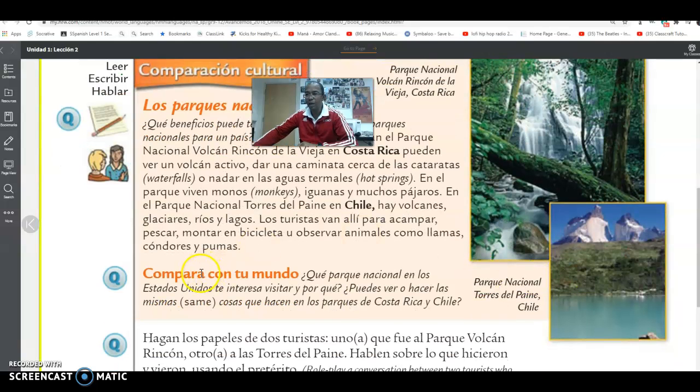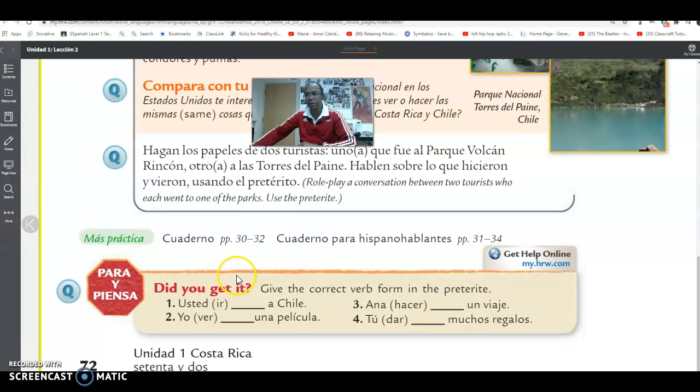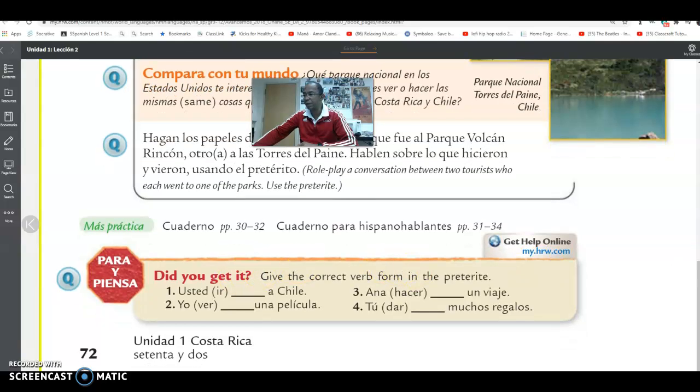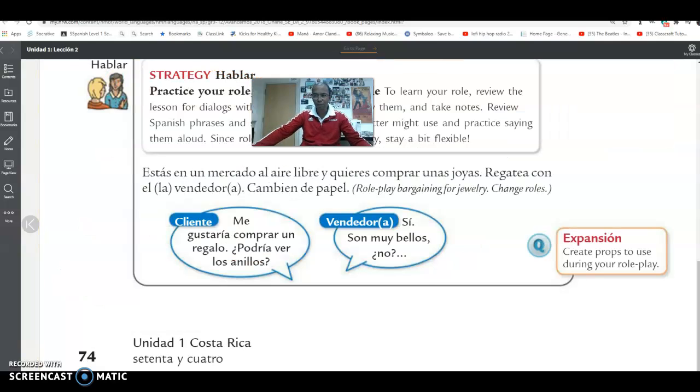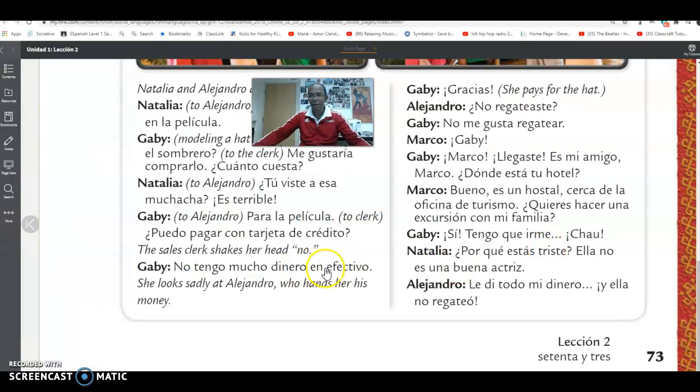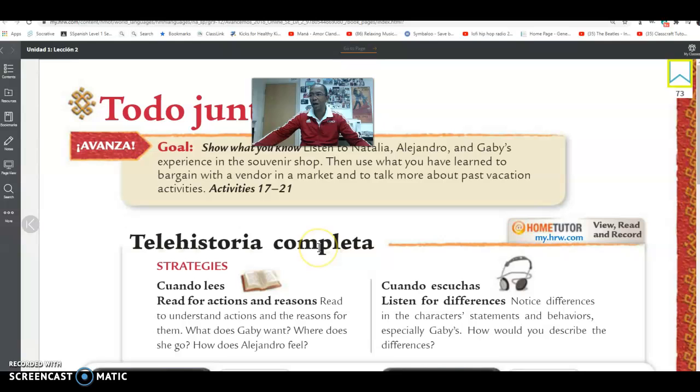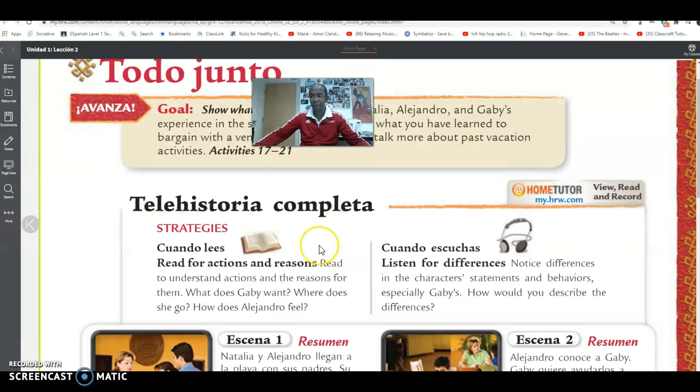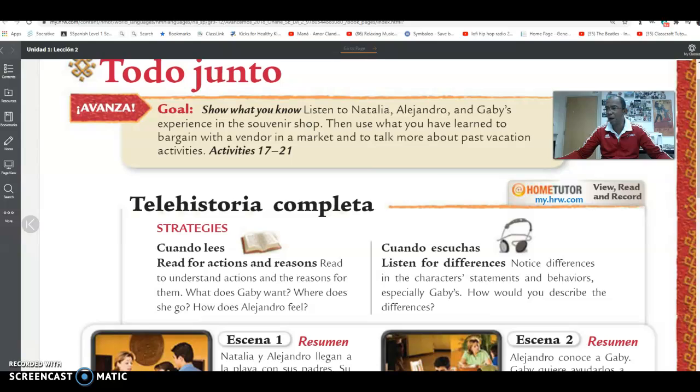Good. Now, what are you going to do next? You're going to go to the next page, which is page 73. On page 73, you're going to have Telehistoria, okay? Telehistoria will tell you a little bit about these three people that we've been following, right?